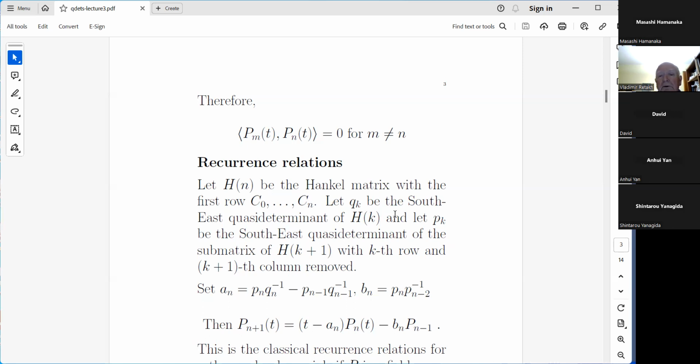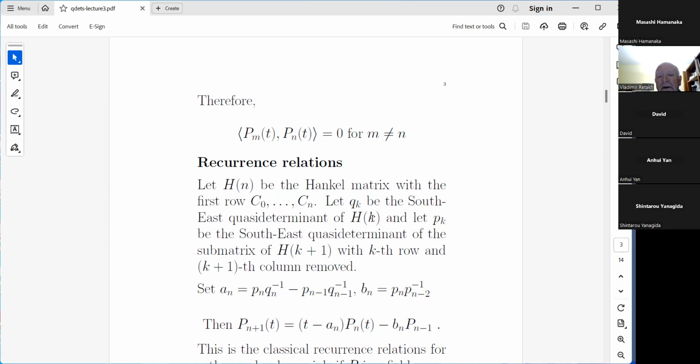Then you can define the quasi-determinants of this matrix H sub k. Southeast means that you start with the element in the right upper corner.